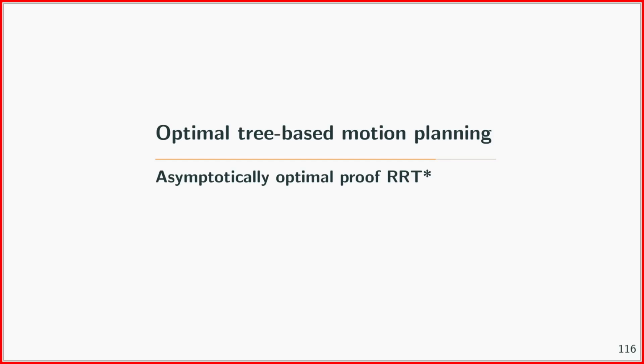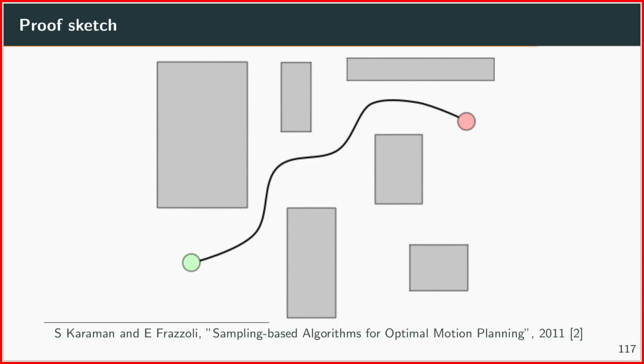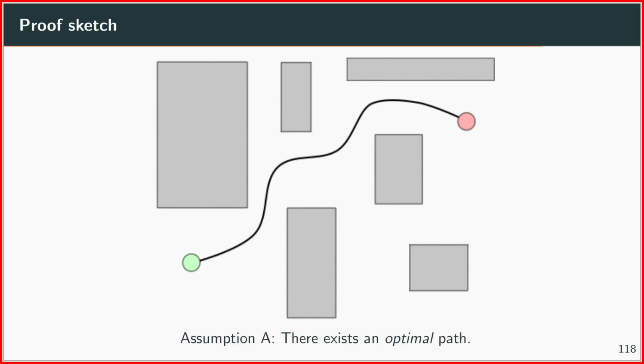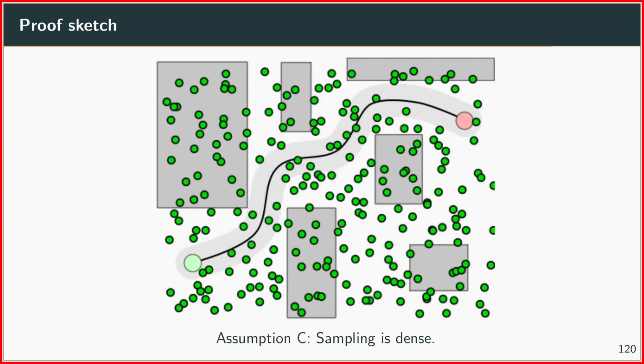So a small asymptotically optimal proof for RRT star. And the idea is very, very similar to the RRT case. You need to assume, in this case here, that we have an optimal path, and that this optimal path has some clearance, again, some epsilon clearance, and this can be as small as possible, but greater than 0.